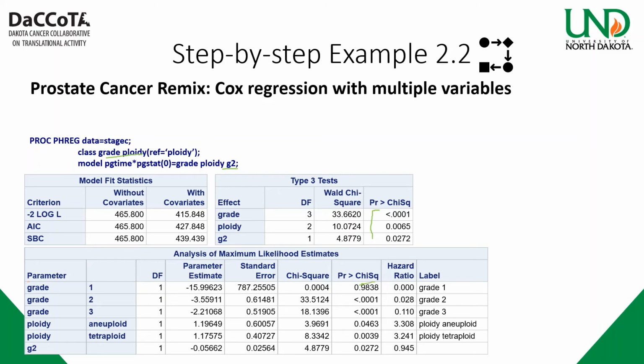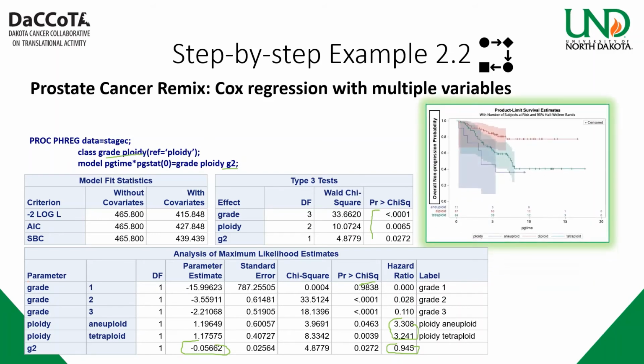And then ploidy was the same sort of setup. These are higher than diploid, and then G2, since this is a continuous variable, you just look at the parameter estimate, it's negative, and the hazard ratio was lower. So essentially, as G2 goes up, the hazard ratio goes down, or so the hazard goes down.